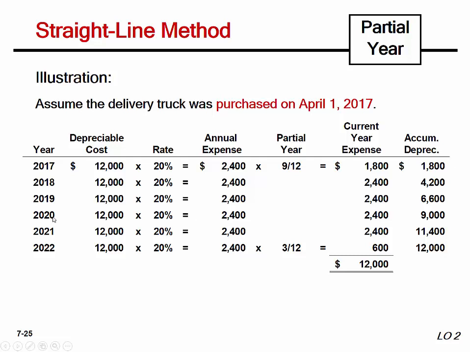2018, 2019, 2020, and 2021 are all full 12-month usage. So we've used it for 9 whole months here, plus 48 months across these 4 years.